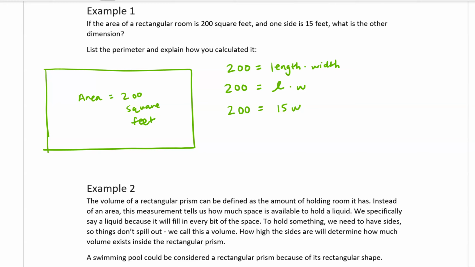So what I can do here to figure out what our width is, I can divide both sides by 15. What that does is on the right-hand side, 15W divided by 15, we are just left with W. And then on the left-hand side, we can simplify 200 divided by 15.